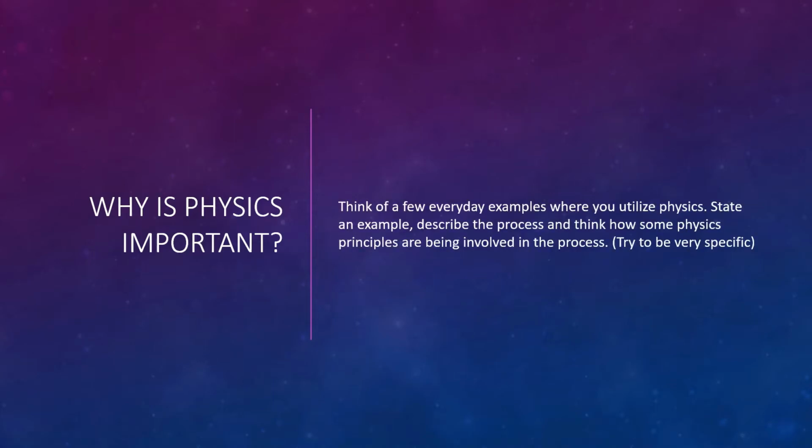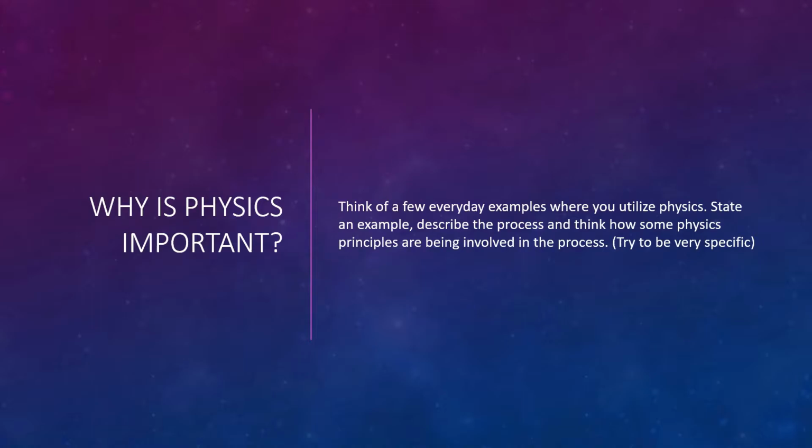It's part of everything. Now, what I would like you to do is think of a few everyday examples where you're utilizing physics. We went over a few of those, for example, a car. We talked about washing machines. We talked about how within yourself your physics is being utilized.